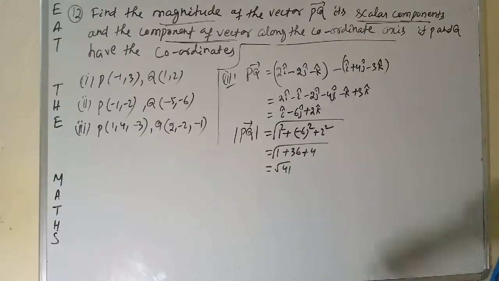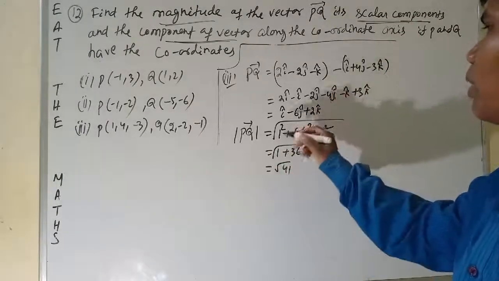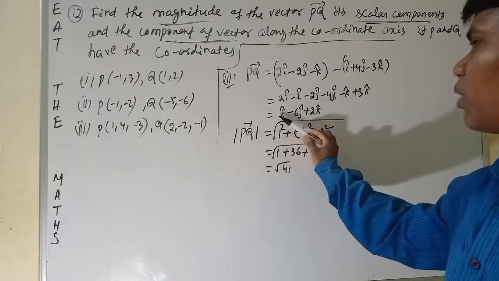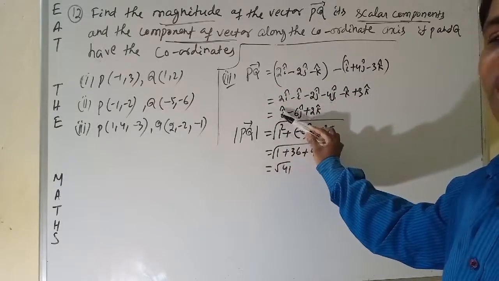Next, find the scalar component. What is the scalar component? For PQ, only the scalar part we have to write, not i cap, j cap, k cap.